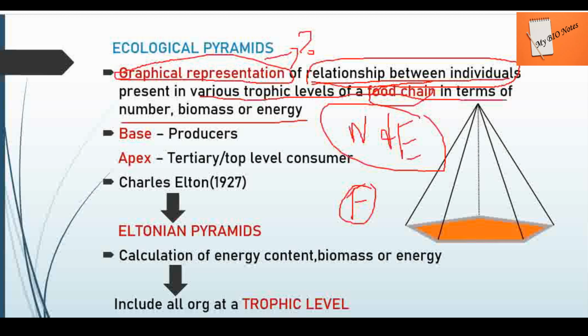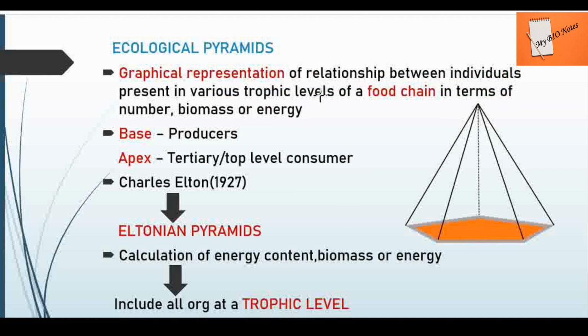So what about the trophic levels? A trophic level is a specific place in the food chain. It is characterized by the method of obtaining its food.